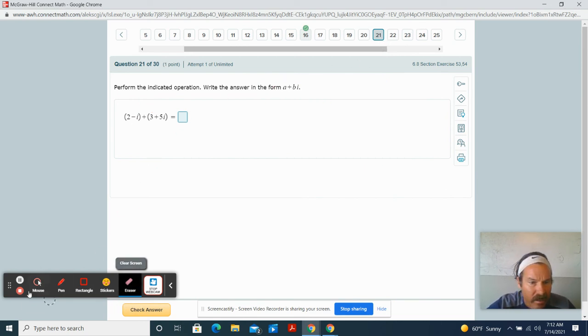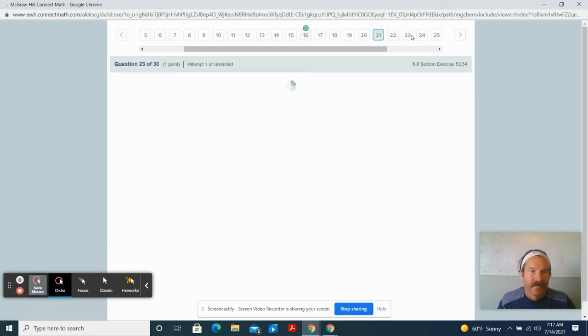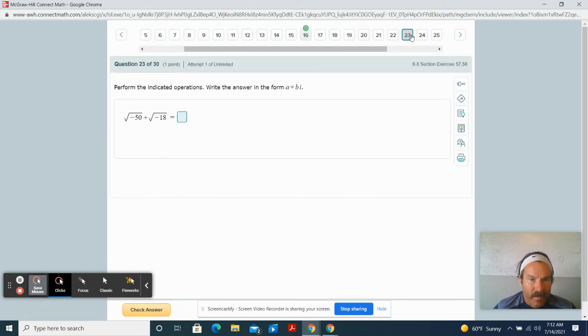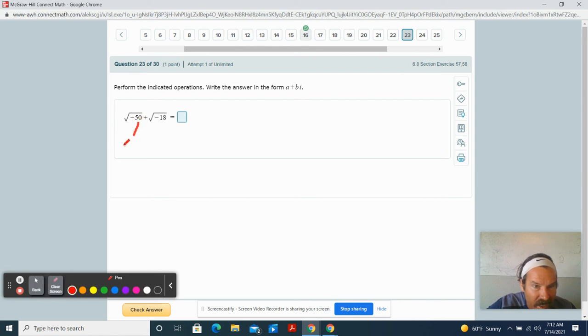23. Okay, all right. This is one that we have to remember. They're both imaginary, so we have to convert them to their imaginary units first. So let's just do this in two parts. That negative is going to be a -1.